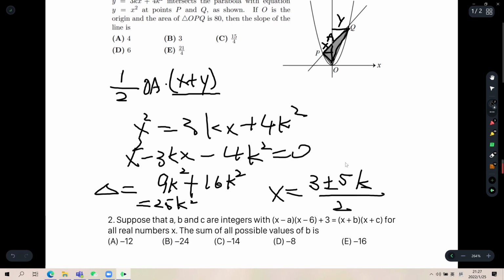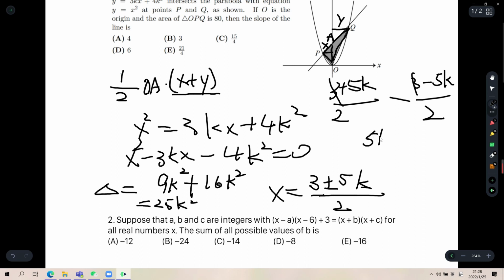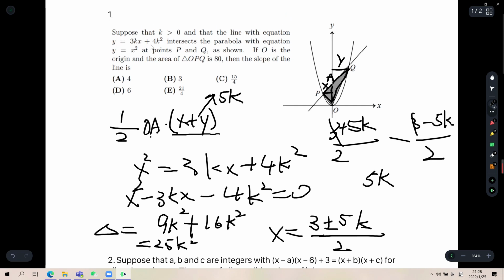And now we can find the difference between these two solutions. So it's (3k plus 5k) over 2 minus (3k minus 5k) over 2. And this simply cancels out, and what is left is 5k. So we can know that x plus y is 5k, and OA is 4k squared, because when x equals 0, y equals 4k squared.